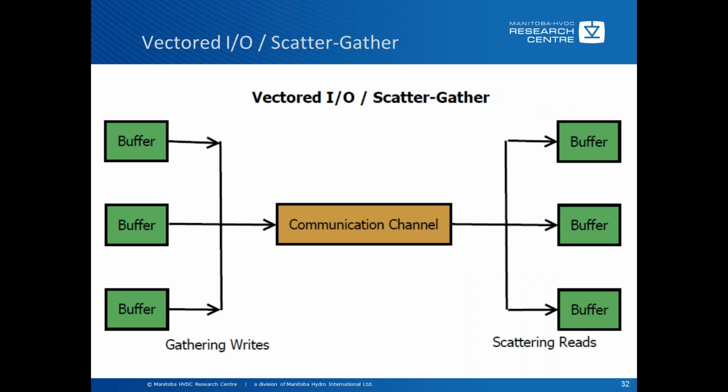In addition, and this may seem a little more computer science than engineering, but essentially what we did is instead of having several communication channels open, so in this case you see 3 buffers on one side and 3 buffers on the other side, this would represent, say, 2 subnetworks with 3 transmission lines in between.